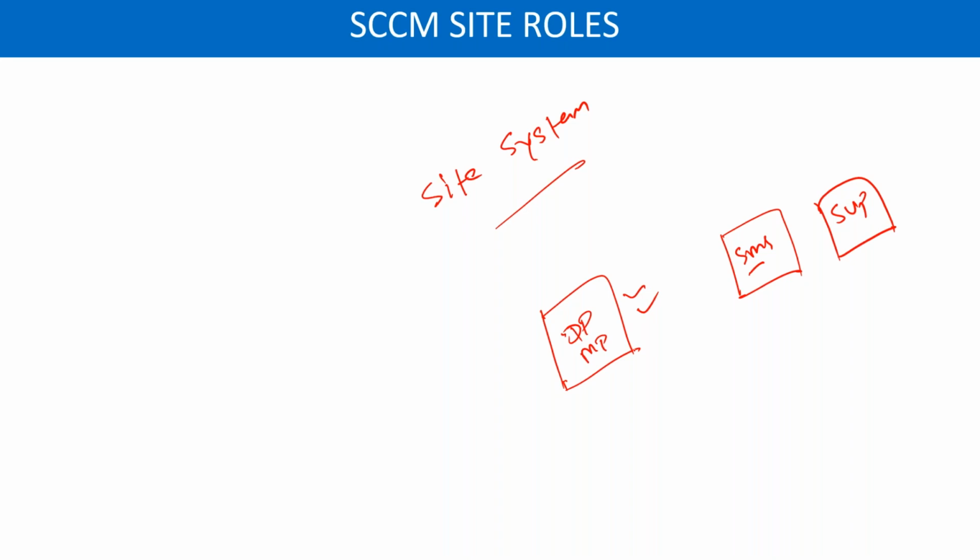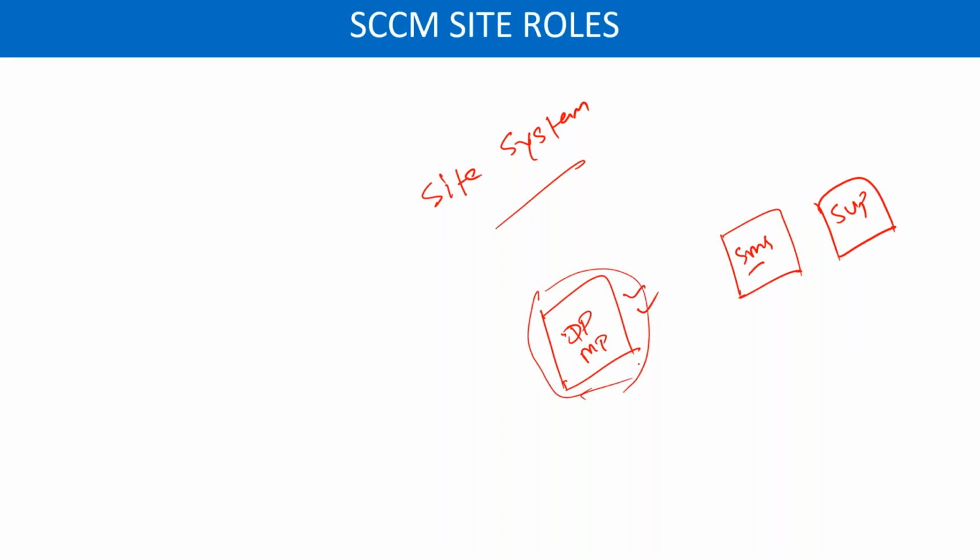So basically they are the lowest in the hierarchy. Not the secondary site, because a secondary site is again a server. Secondary is a server, but these are site systems.